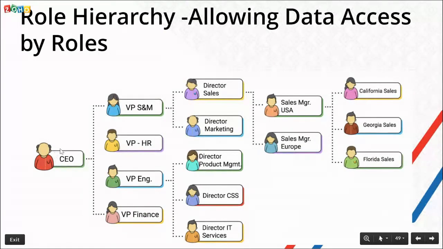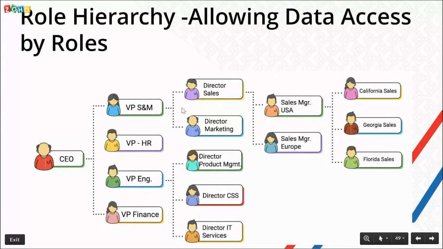The CEO would be able to see the entire transactions created by all those who come under the CEO, and the VP would be able to see Director Sales and Director Marketing transactions. VP Engineering wouldn't be able to see Director Sales and Director Marketing transactions, since they both come under VP S&M.